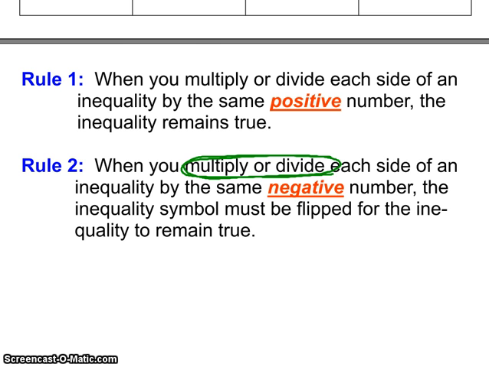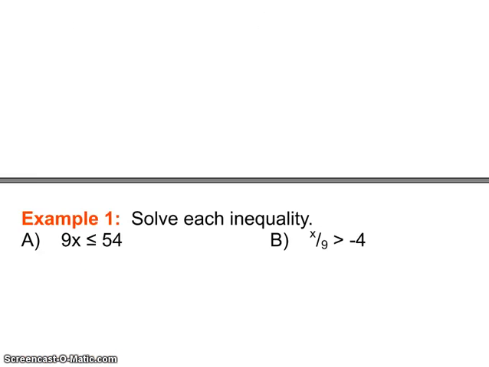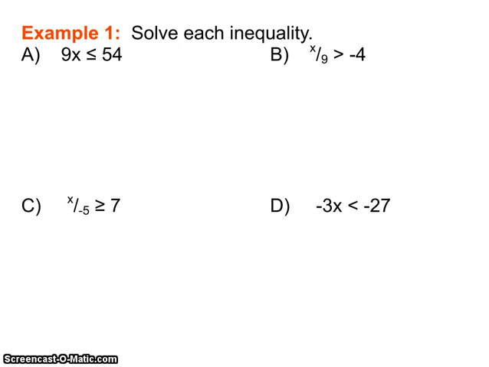Okay. So let's take a look at some sample problems. Letter A, we have, if we read it, 9 times x is less than or equal to 54. So again, we want our variable on the left, which it is. And in order to get our variable alone, we're going to have to do some inverse operations.